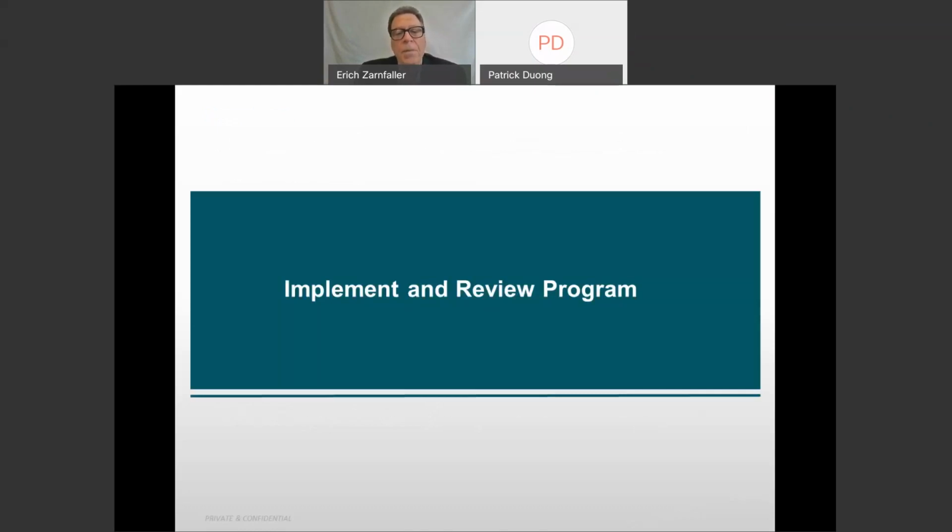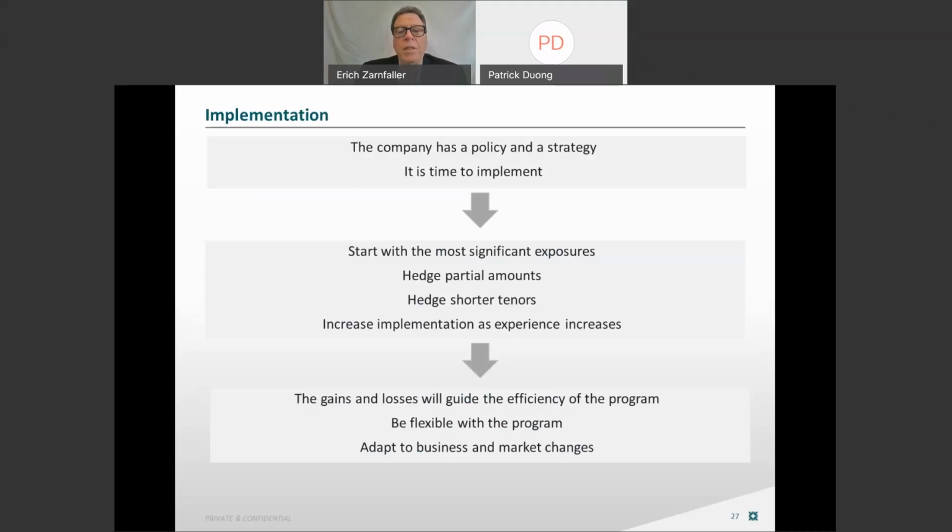On the next slide, the implementation of the program is illustrated as a three-step process. For a company new to hedging, this is when you take the plunge and execute hedges after all the exposures and risk analysis and quantification have taken place.